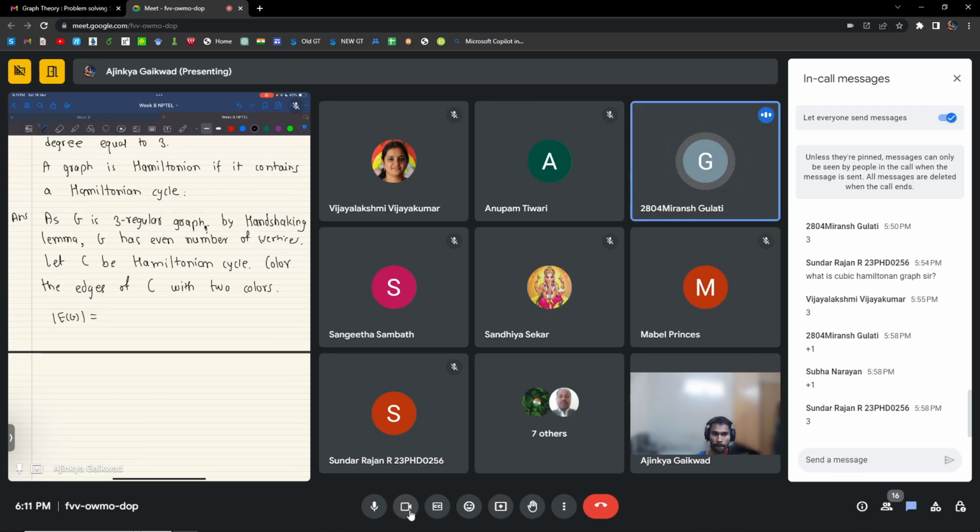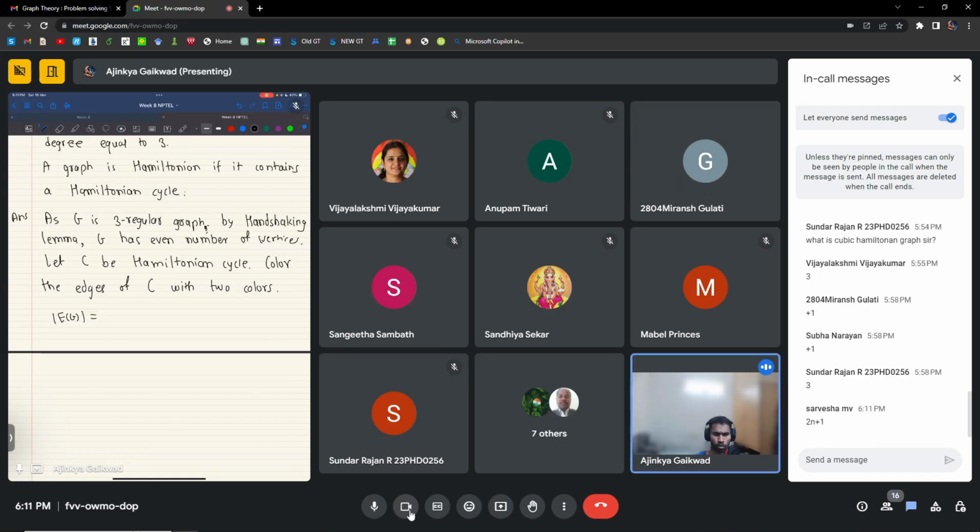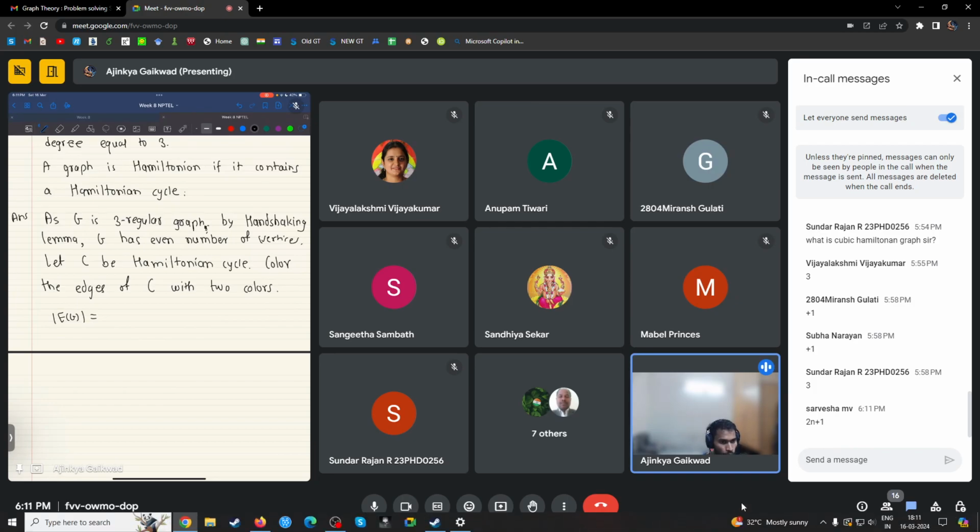n into n plus 1 by 2? If a graph is complete, then it is in fact n into n minus 1 by 2. There is no graph with n vertices with n into n plus 1 by 2 edges. 2n plus 1? No, this is also not true.